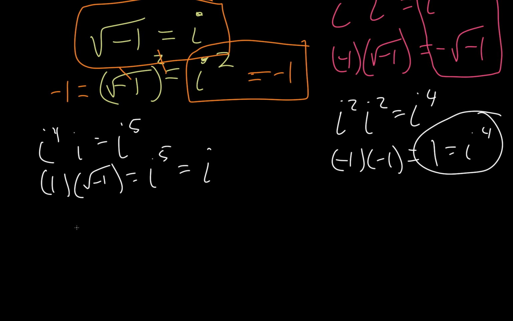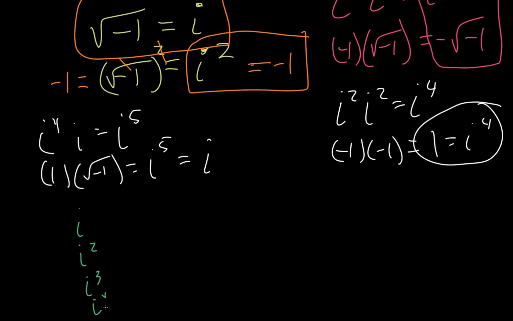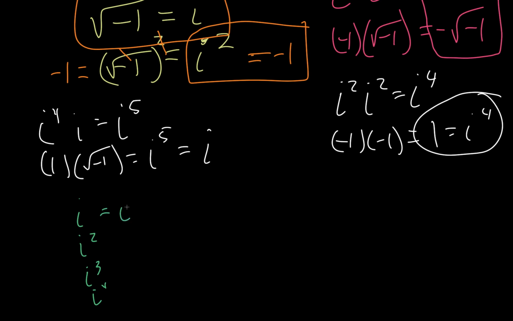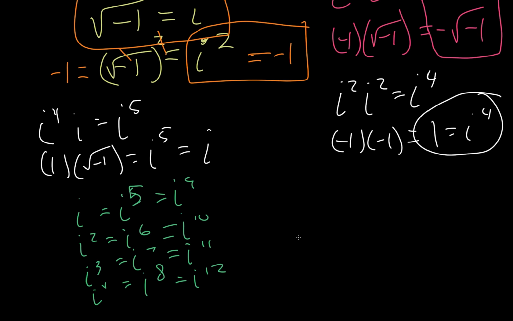So just to be clear, i squared, i cubed, i to the 4th is equal to 1, i to the 5th is i, then i to the 6th, i to the 7th, i to the 8th, i to the 9th, 10th, 11th, 12th, and this pattern will just continue forever.